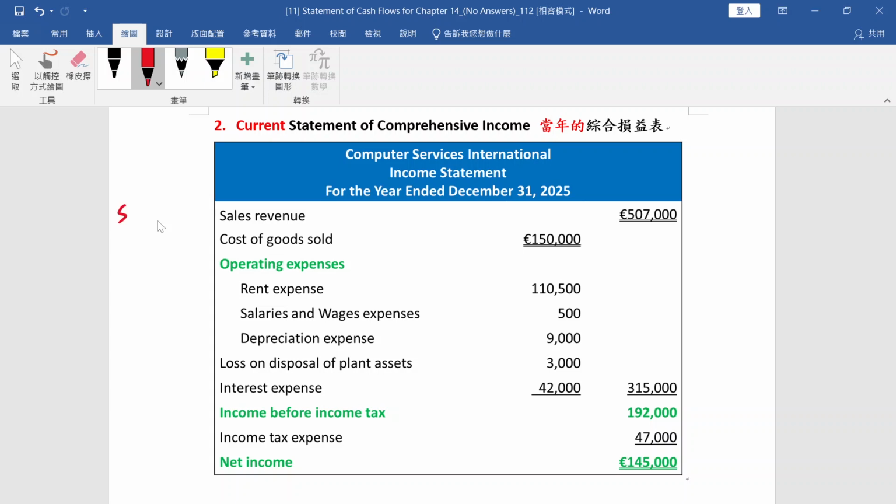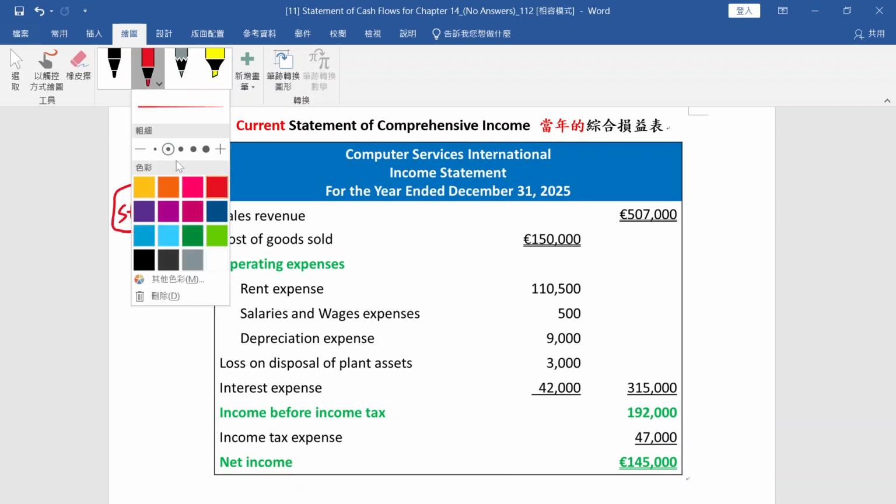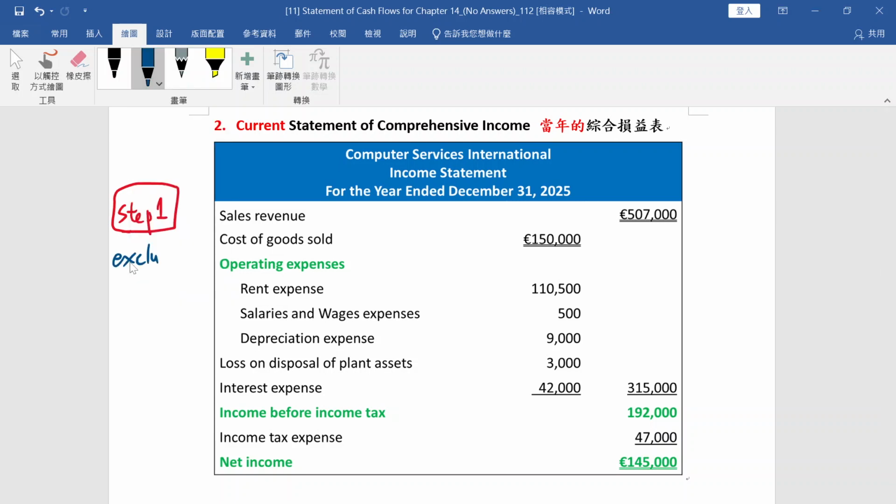So step one is what? Exclude non-cash and non-operating items. Okay? After we exclude non-cash, non-operating items, it means you don't need to care about those.